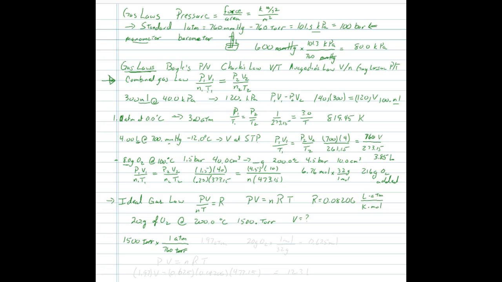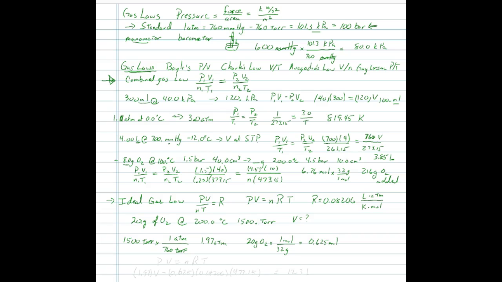So it turns out to be 1.97 atmospheres. 20 grams of oxygen, molar mass 1 mole is 32 grams, turns out to be 0.625 moles, and the volume is in liters. The temperature, Celsius to Kelvin, so you add 273 to 200.